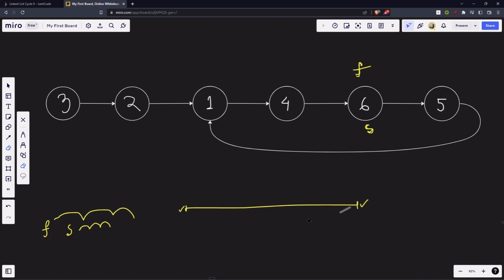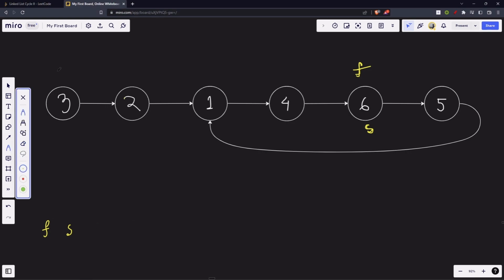Okay. So we have found the meeting point. Now, what is the starting of our cycle? How are we going to find that? We are going to place a pointer here. Let's say it's n, node n. Now we are going to move this n by one position and our slow by one position.